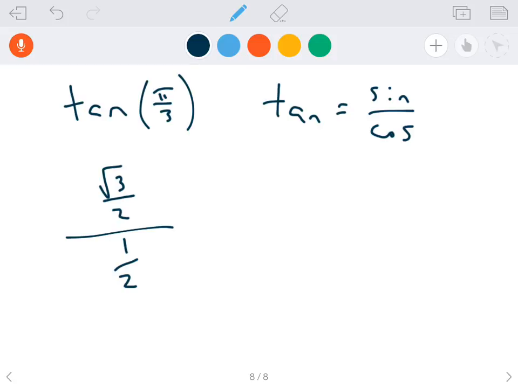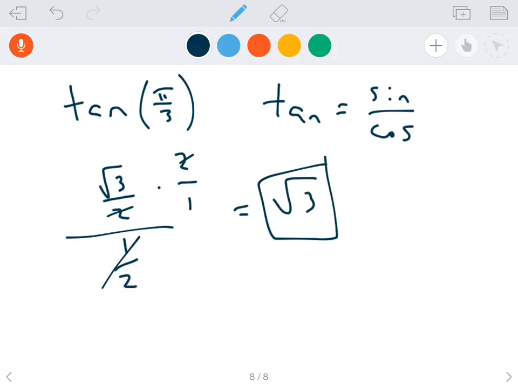I've got a fraction over a fraction, so I'm going to flip the bottom and multiply. And that gives me the square root of 3. I don't know the tangent of pi over 3 off the top of my head, but I can figure it out pretty fast if I just know that first quadrant, right?